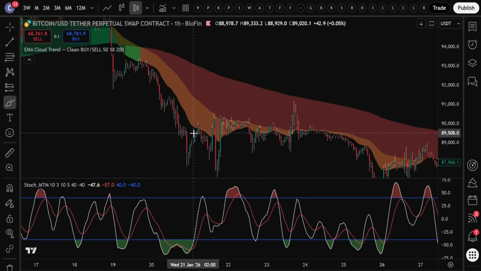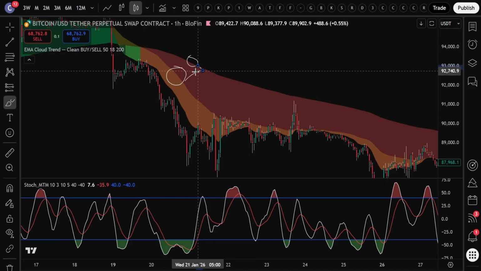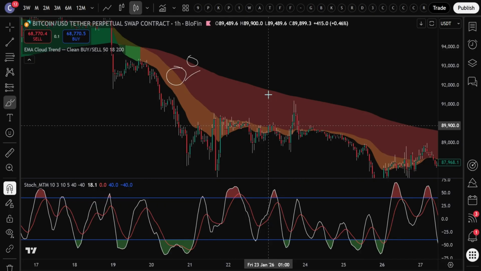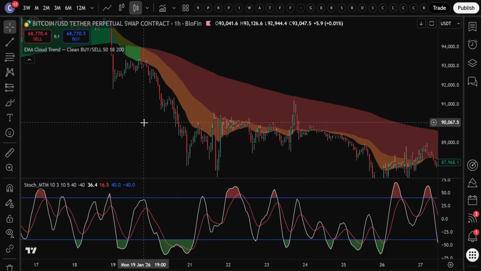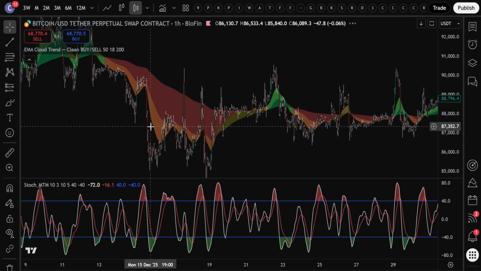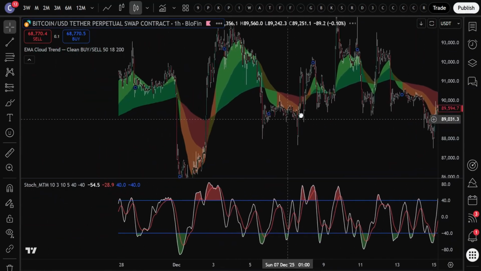On the other hand, when the 50 period EMA is below the 200 EMA, it indicates a bearish trend, and the space between these two EMAs has a red background. This visualization makes it super easy for you to see when the market is in a bullish trend and when it's in a bearish trend.